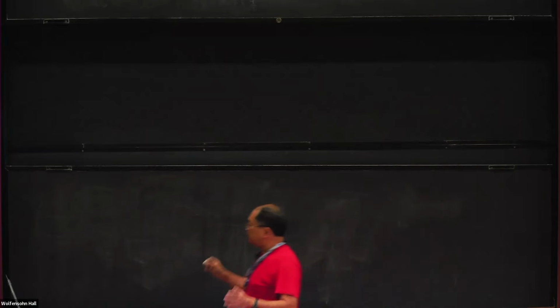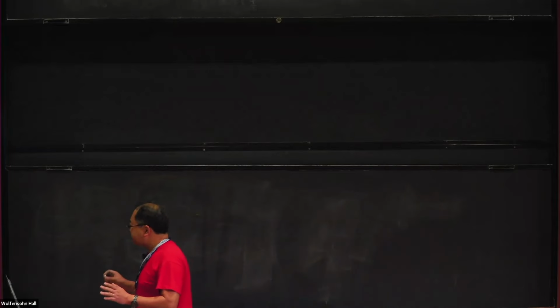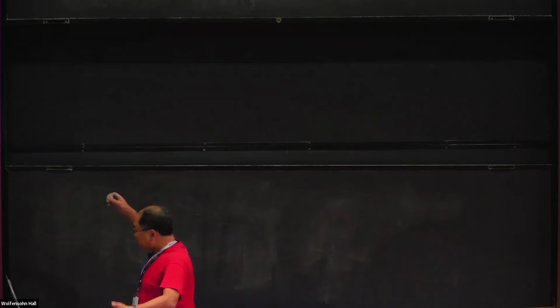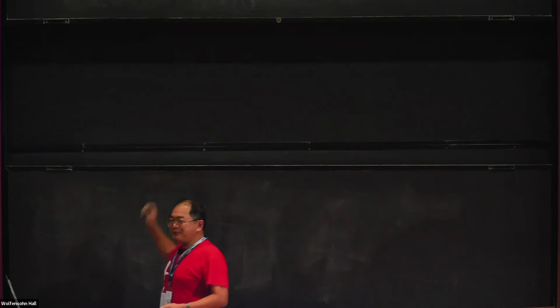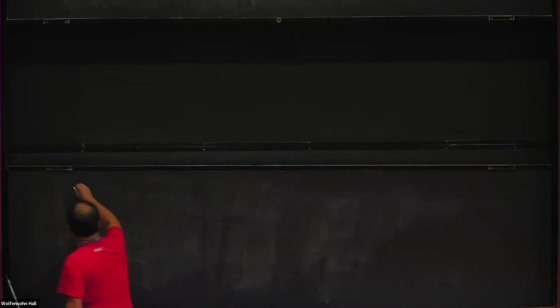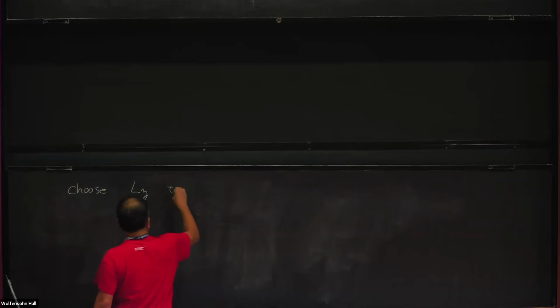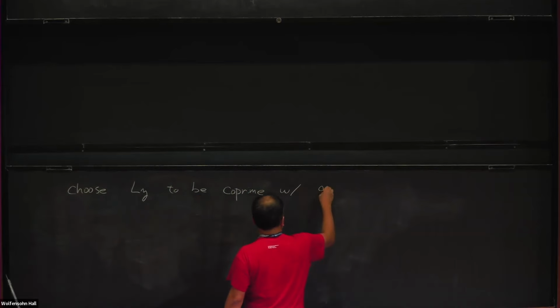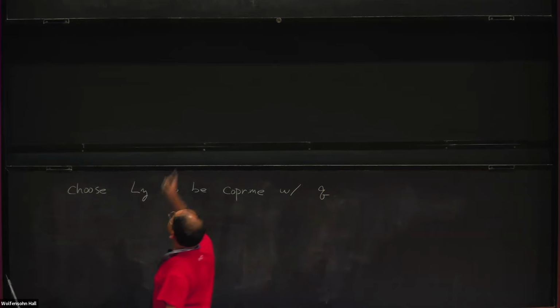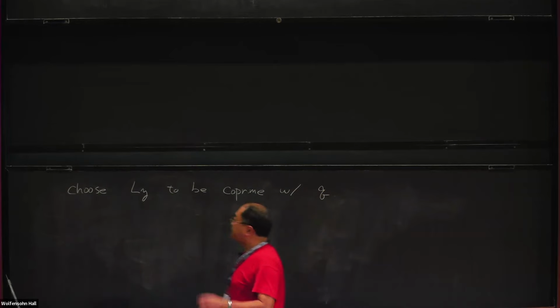So again, p and q are some co-prime integers. Then, this is a bit of a subtle business, but I want to choose this Ly to be co-prime with this q. Then this is some non-trivial phase factor.